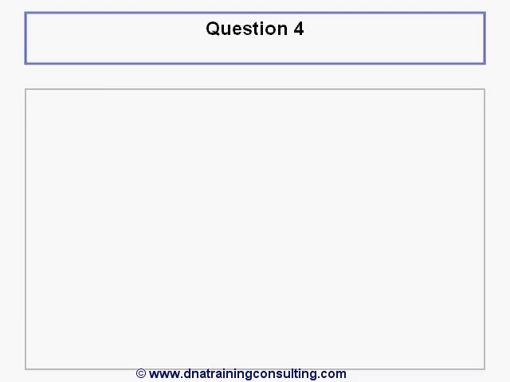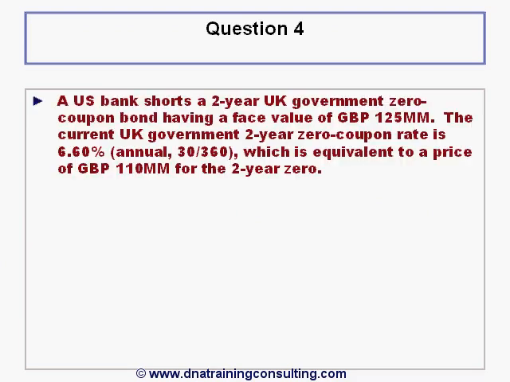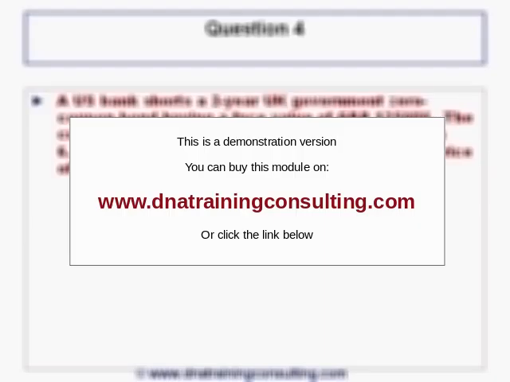Question 4. A U.S. bank shorts a 2-year UK government zero-coupon bond having a face value of 125 million sterling. The current UK government 2-year zero-coupon rate is 6.6% annually compounded using a 30-360 day count convention, which is equivalent to a price of 110 million sterling for the 2-year zero.